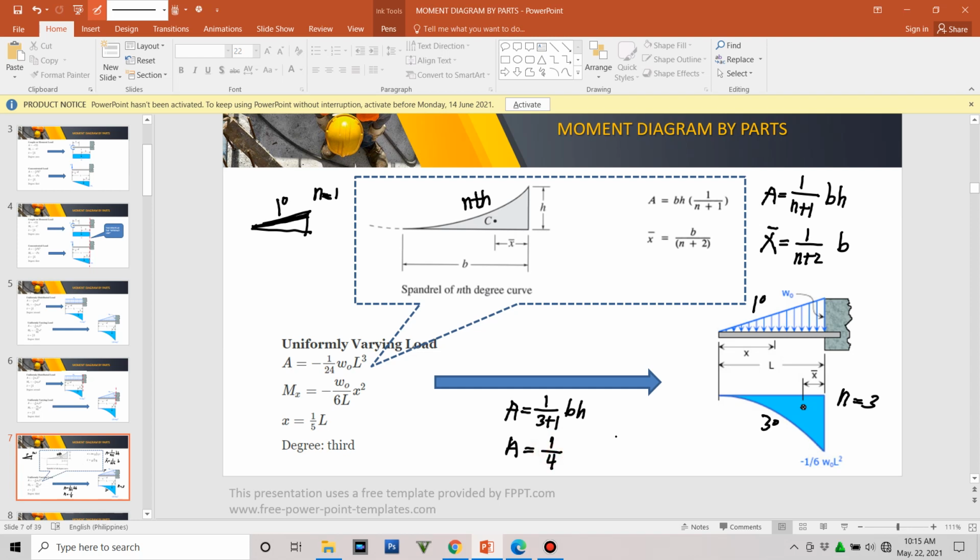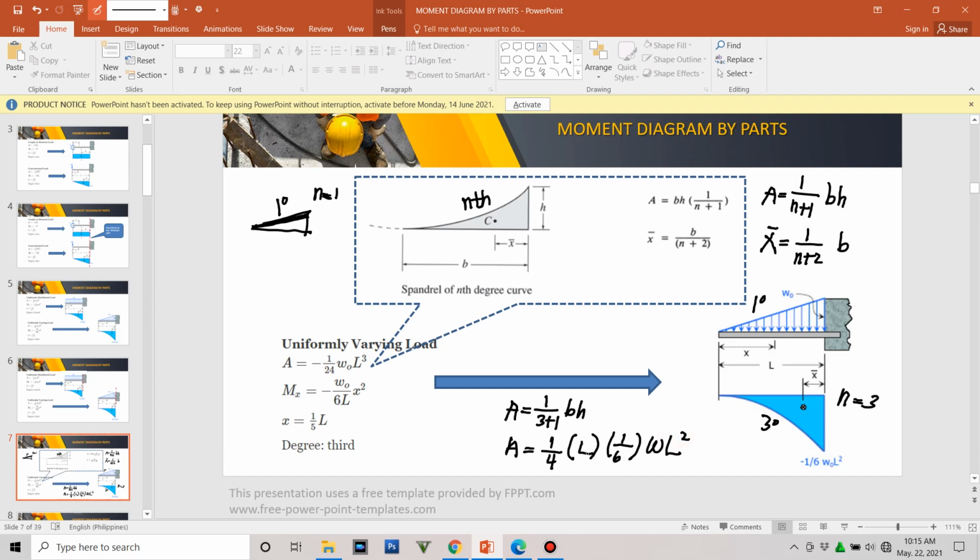What is the base? The base is L, and the height is this one, 1/6 of W L squared, right?